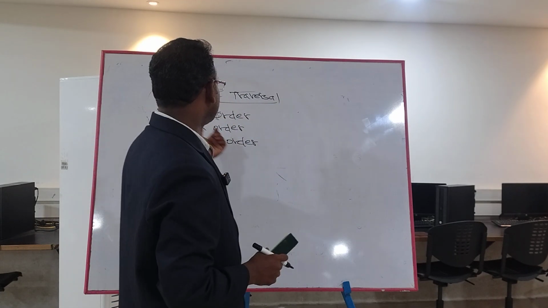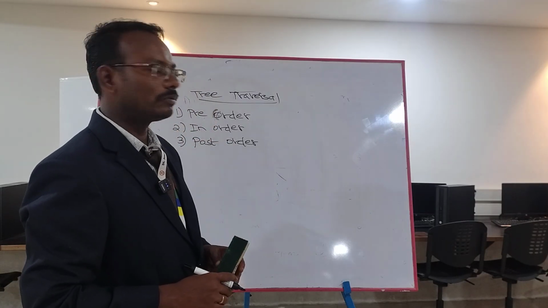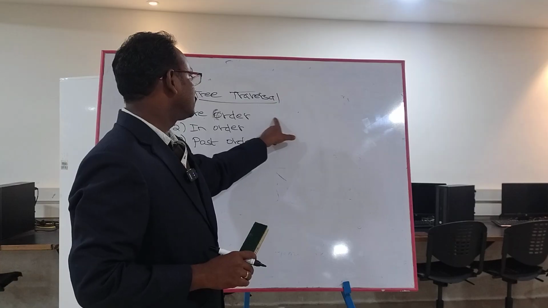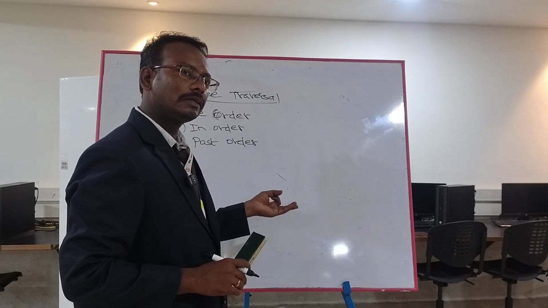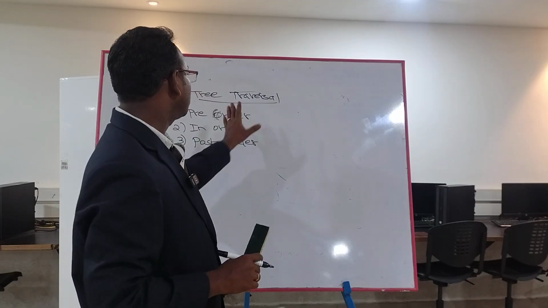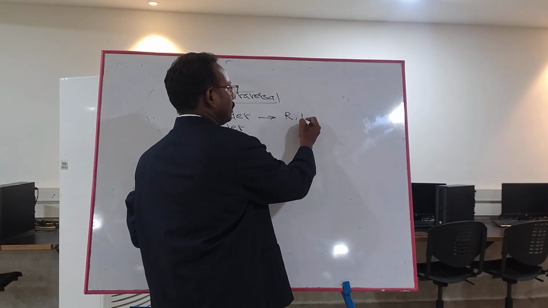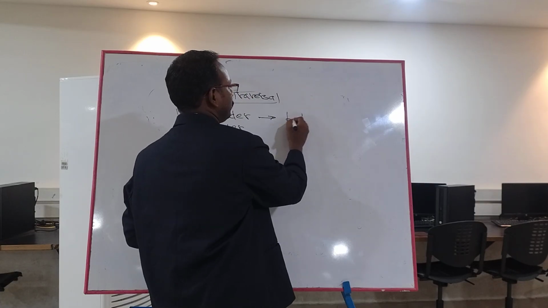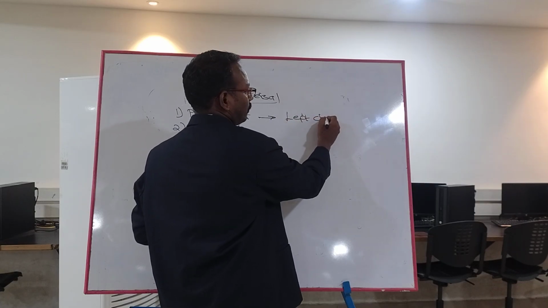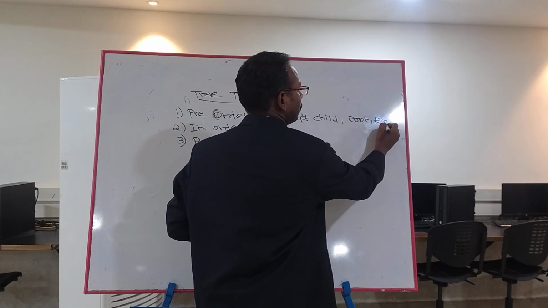In these traversals, there are some protocols and guidelines to be followed. In pre-order, first we visit the root, then the left, and then the right. For in-order, it is left, root, and then right.